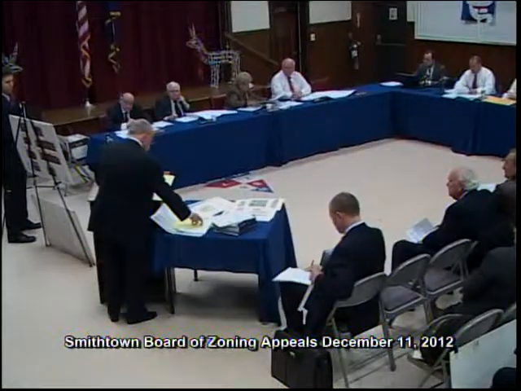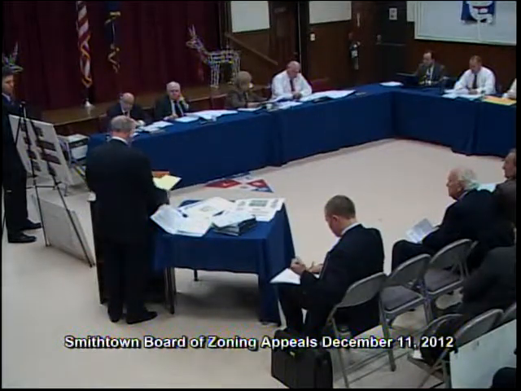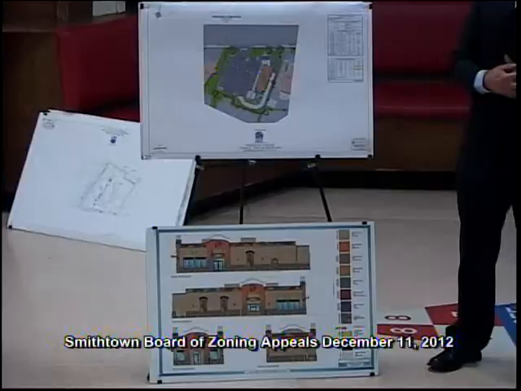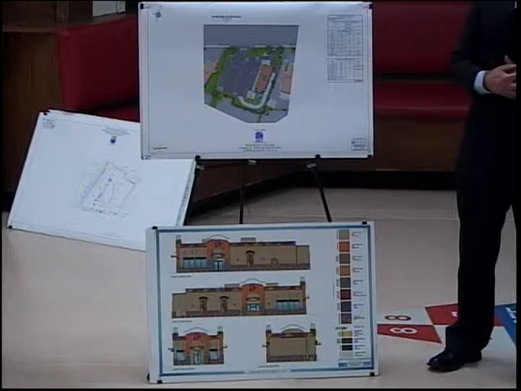And I'd like to pass up to you at some point the approval that you gave on the other one, because to some extent, that approval exceeds or equals what we're asking for here. We're asking for the ground sign to be increased from 40 to 42.